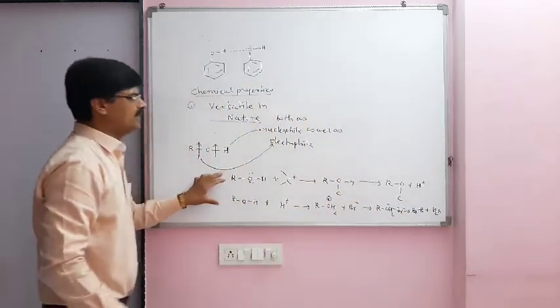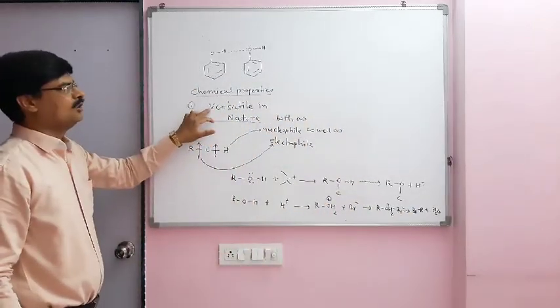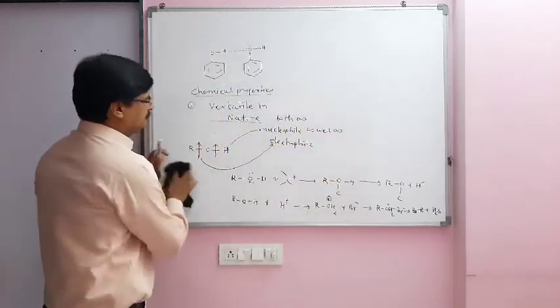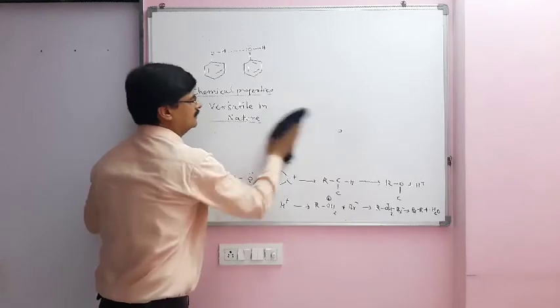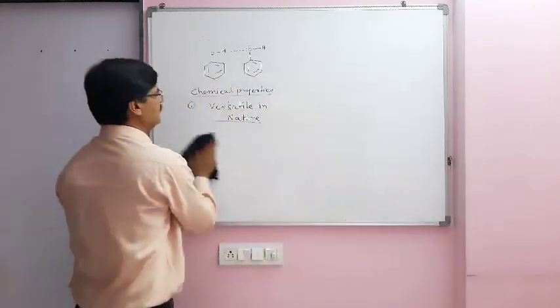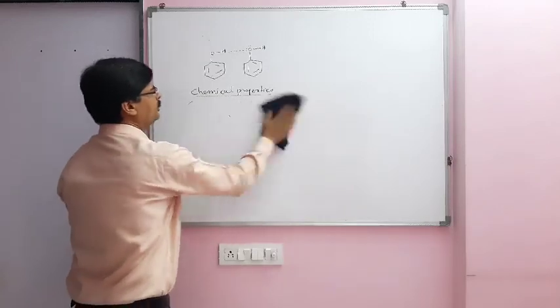So from these two reactions we can say that alcohols have versatile nature. Now we will study some reactions in which there is a breaking of the OH bond.